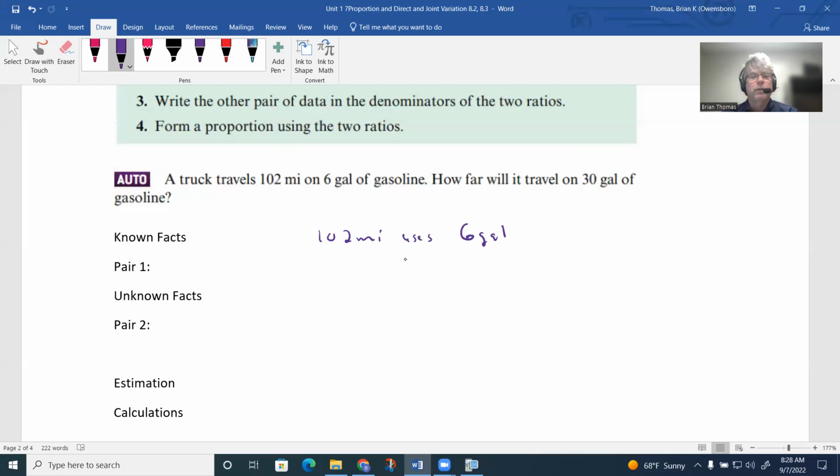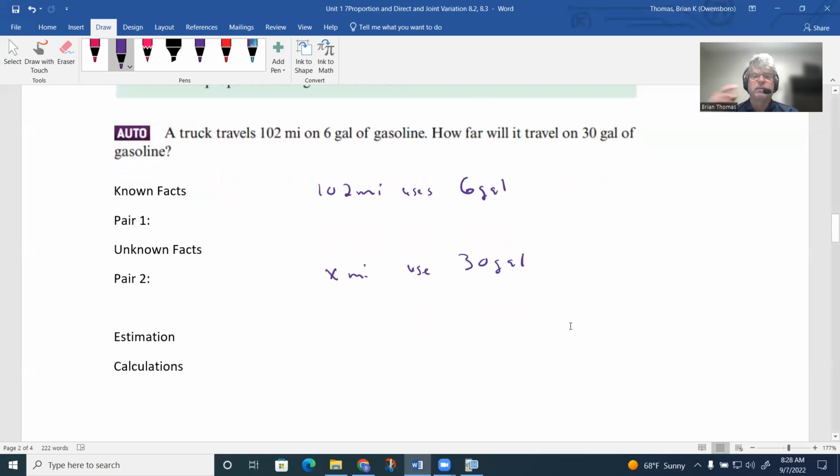The unknown fact is we don't know how many miles we'll go if we use 30 gallons of gas. Notice when I write my ratios, I went miles to gallons. It's a good idea when you write the second pair to keep the same thing, miles to gallons. That'll help out here.